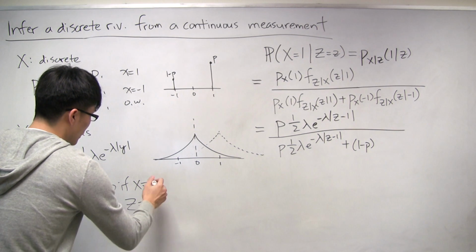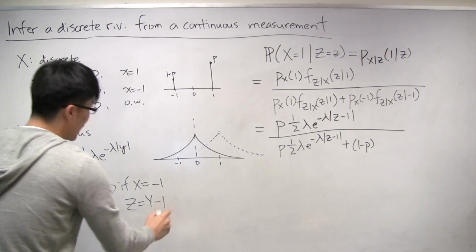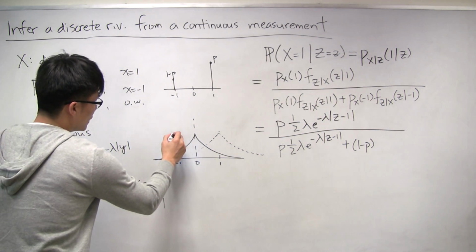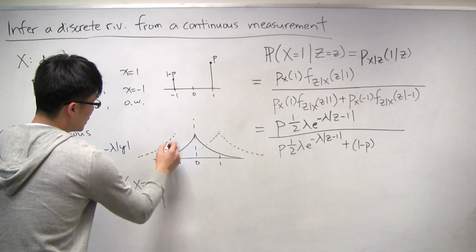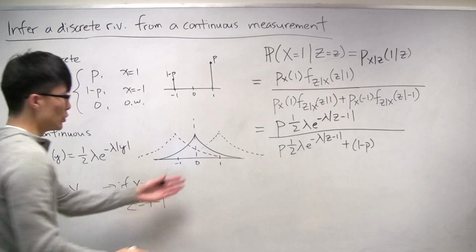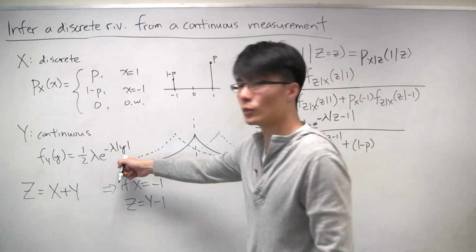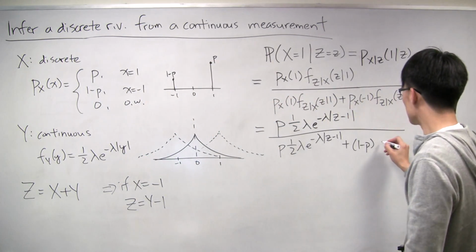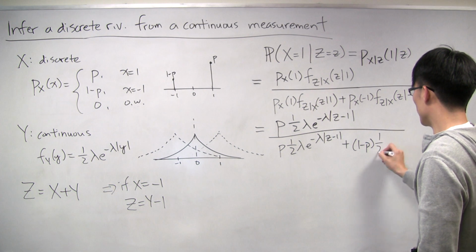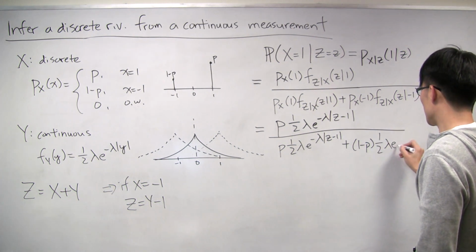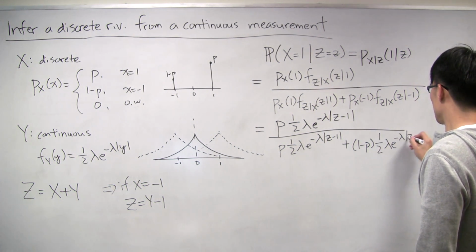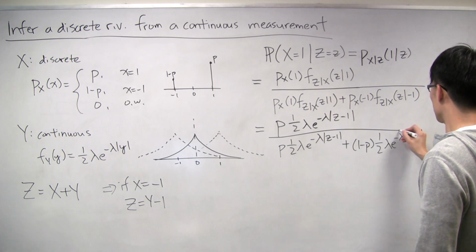If x is -1, then z is just y minus 1, in which case the PDF of z would look like this. You shift it to the left by 1 now. And now what you have to do is change this to a +1. So this conditional PDF would be 1/2 lambda e to the minus lambda times the absolute value of z plus 1.